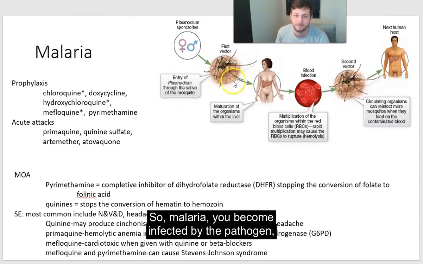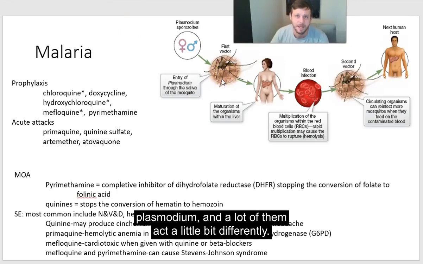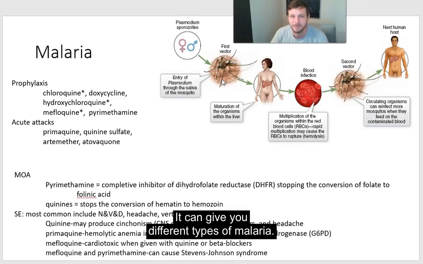So malaria, you become infected by the pathogen, which is a plasmodium. There's a handful of different species of plasmodium, and a lot of them act a little bit differently and can give you different types of malaria.